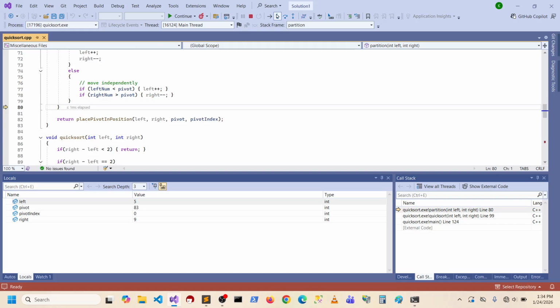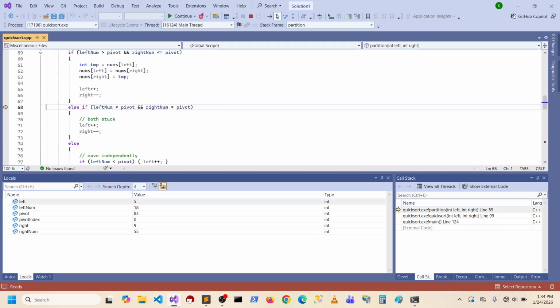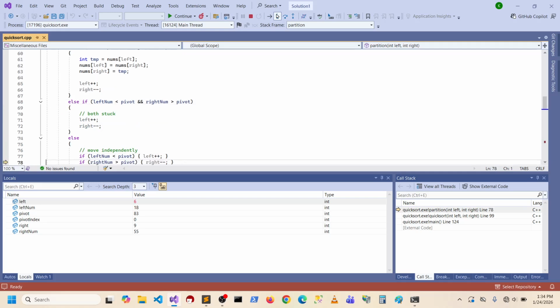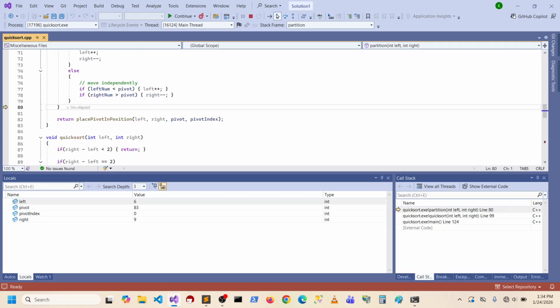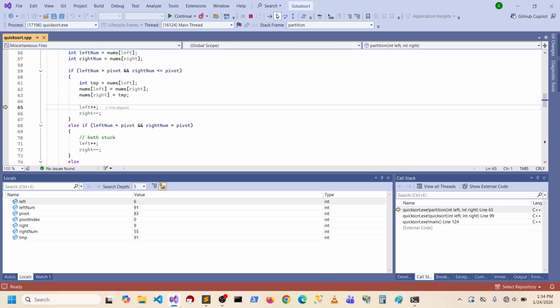Left just keeps advancing. Same thing. Now left is 91. It needs to be swapped. So they get swapped.